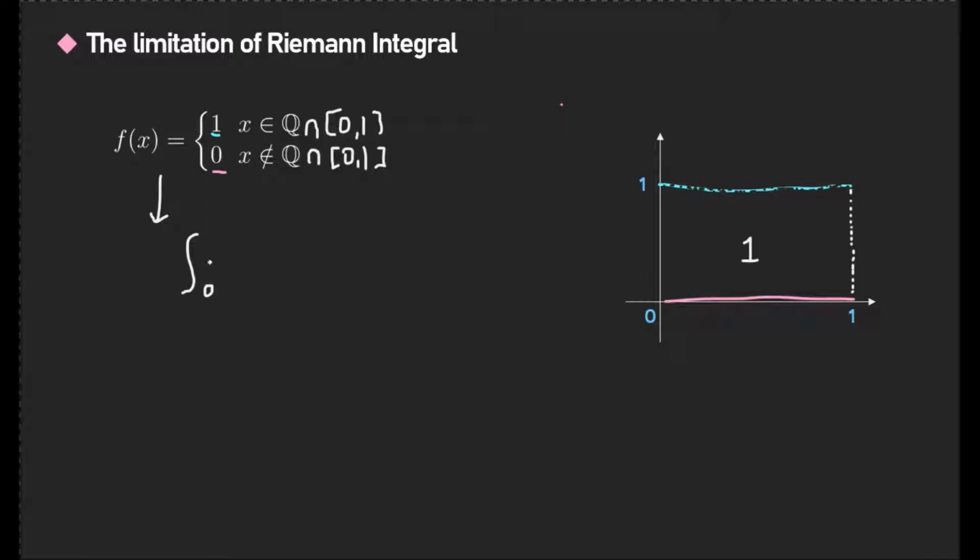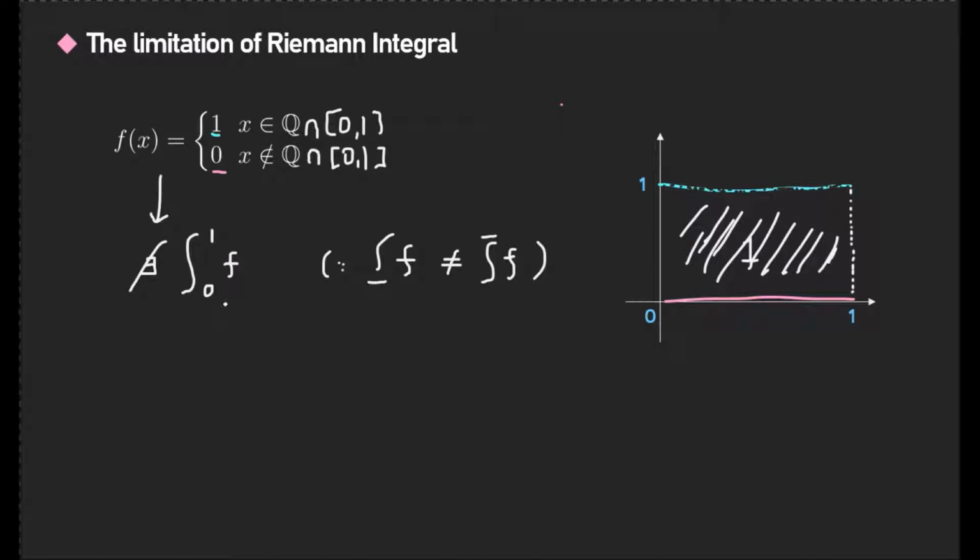But in the Riemann sense, the value does not exist, because the infimum of the upper sums and the supremum of the lower sums, the upper integral and the lower integral, are not the same. But I want to claim that this function is also integrable, and the value is 1.